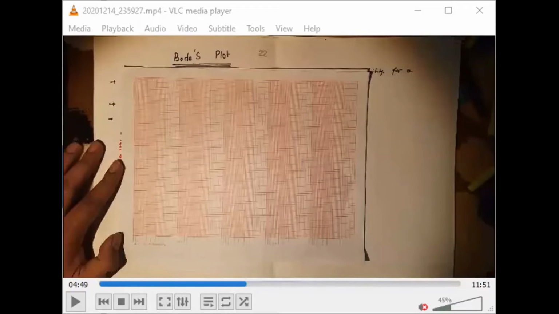Keep it ready with you. Keep the graph ready with you.